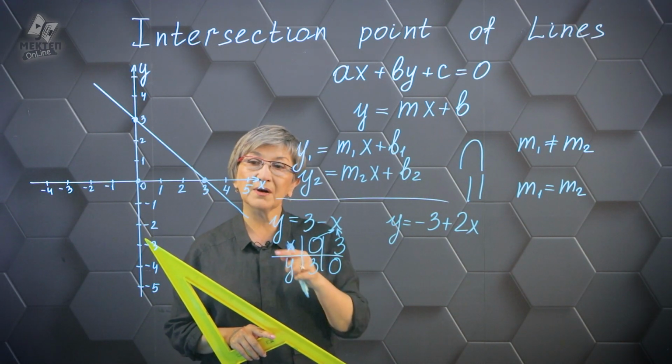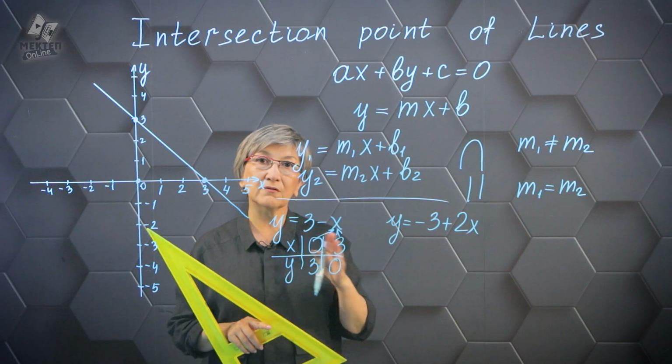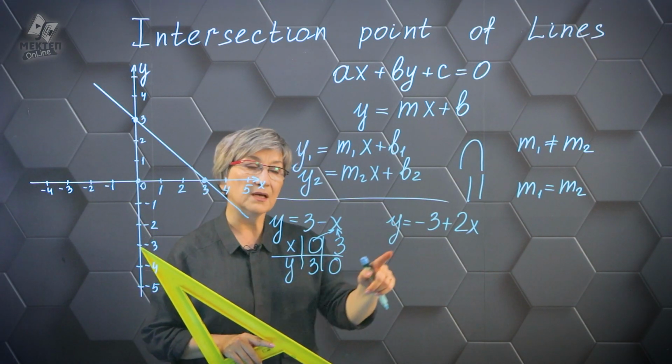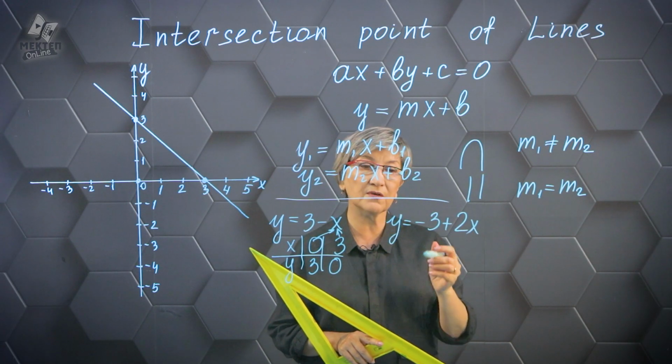In this way, you demonstrate that the line can continue in various directions. Now let's construct the graph of the second function, y equals minus 3 plus 2x.